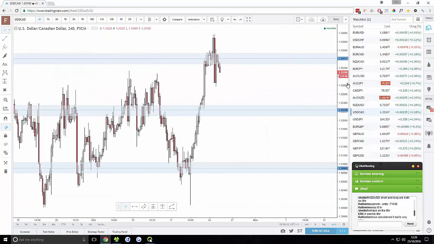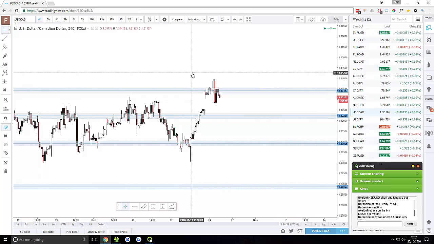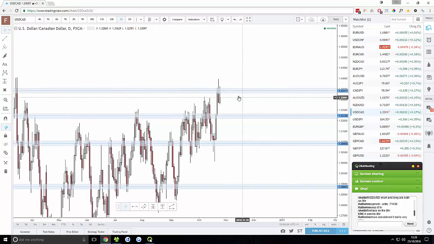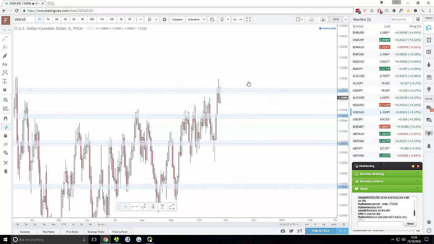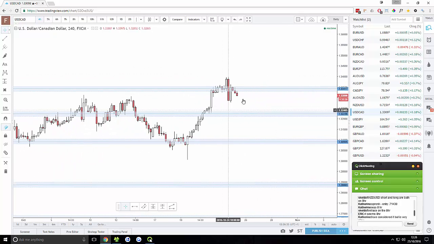USD CAD. What's that craziness? Like I said, I was on holiday, so I haven't really been looking at charts that much. So I don't know what that move is, if it's news related or something. But that's a kind of crazy move.